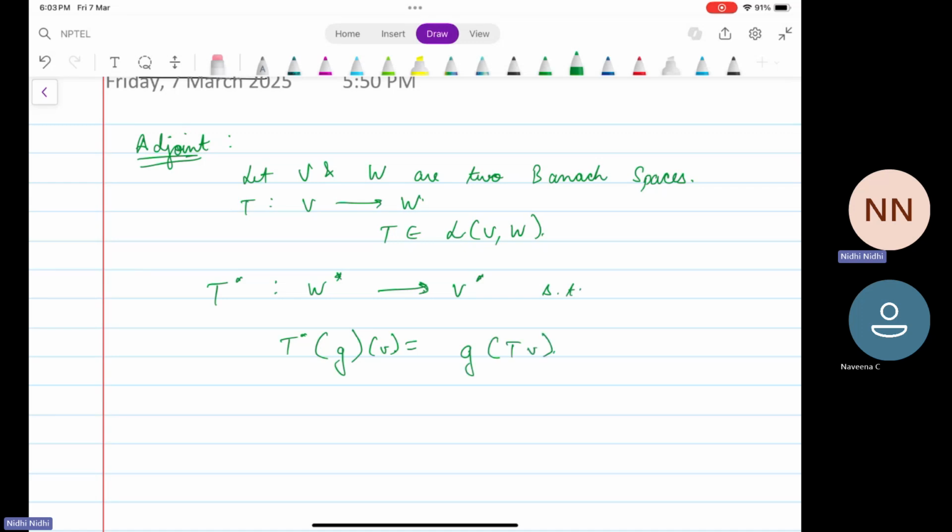Since TV is in W and G is in W star, this is how we define adjoint.